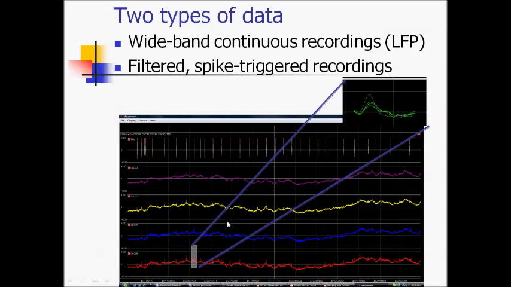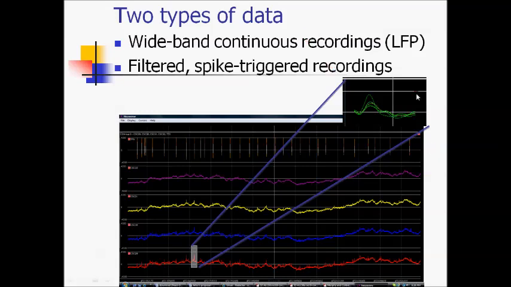For such long recordings, people usually record only spikes. Those two modes are not exclusive. You can record both the local field potential and also times of spikes with waveforms.